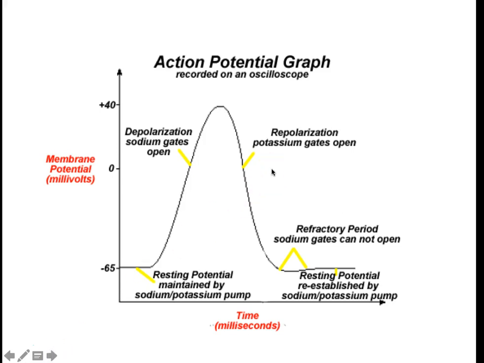This is a graph. Sometimes graphs can tell you a lot, and sometimes they can confuse you. So take it or leave it. What this is showing you is if I could actually take a probe and pierce through a neuron, I would see that it starts off negative.